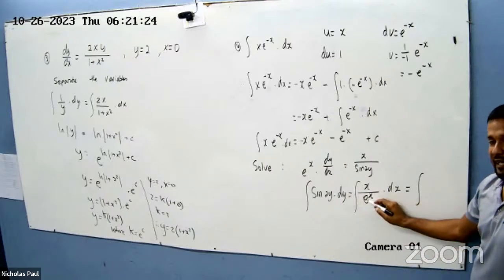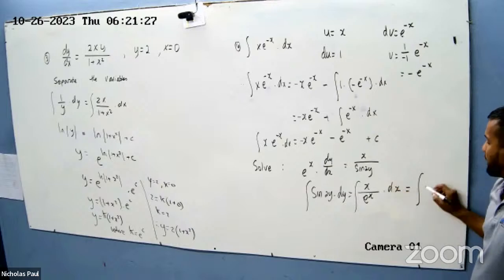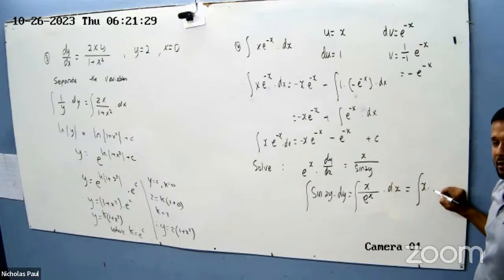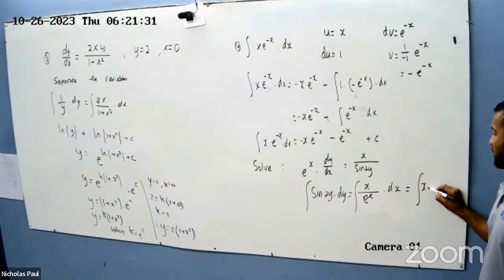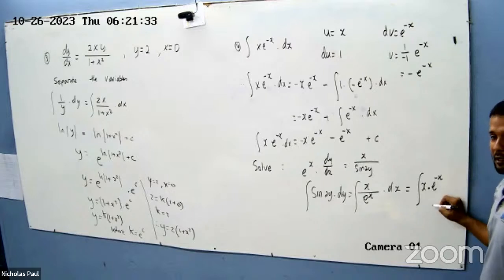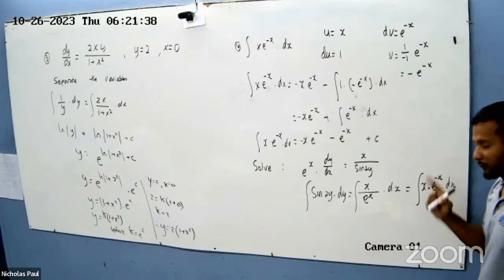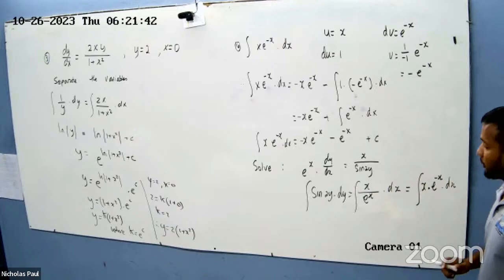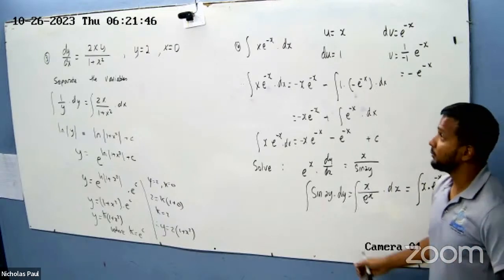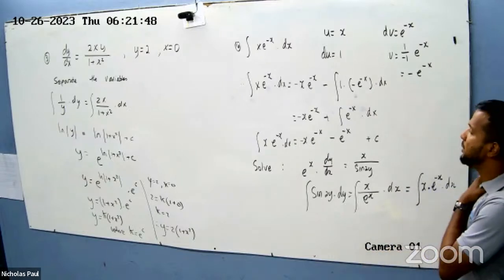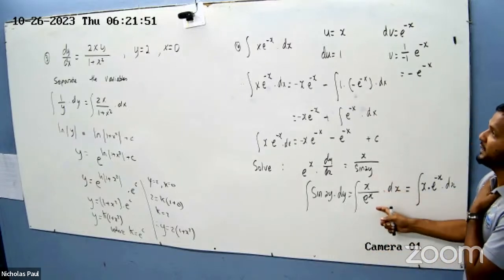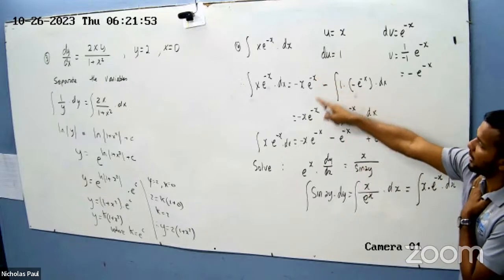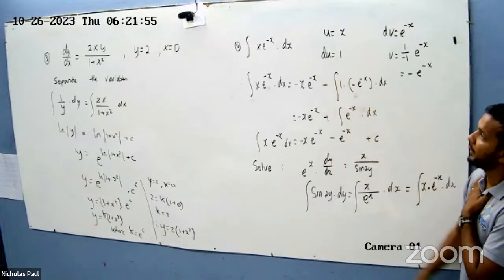But what if I bring it up? It will be e to the minus x, which is the same as the integral. That's it. So x on e to the x is the same as the original integral we found here.